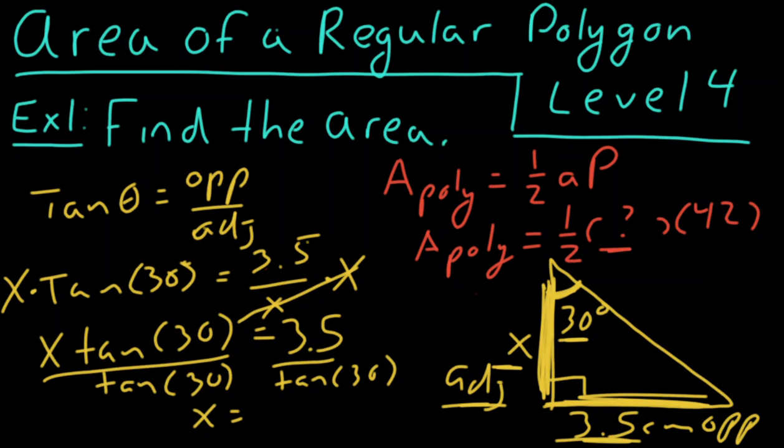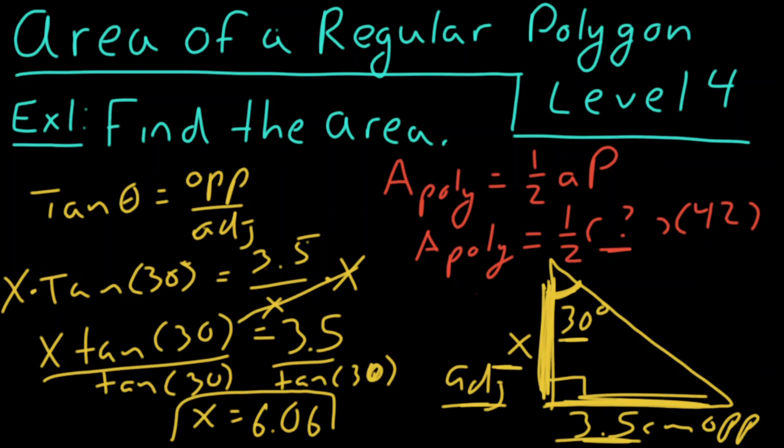We have 3.5 divided by the tangent of 30 degrees, and that's going to equal 6.06. Let me make that 30 look more like a 30. Okay, so we found this x value.